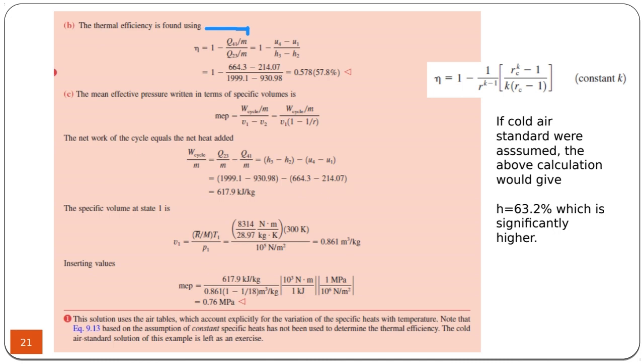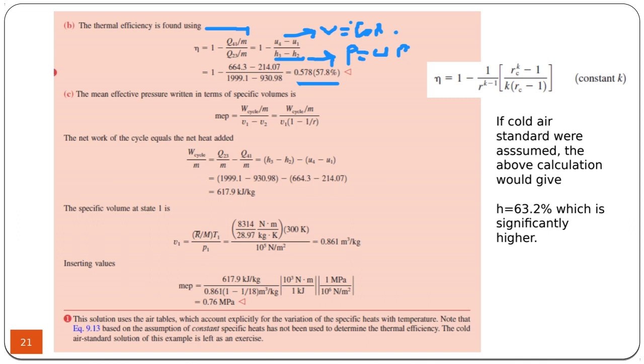And as you can remember, the heat rejected is found from the difference of the internal energies, because here V is constant. However, heat addition is obtained from the difference of the enthalpies, because here P is constant. Then we find the efficiency of the system to be 57 or 58%.